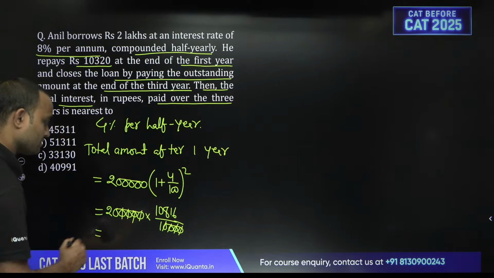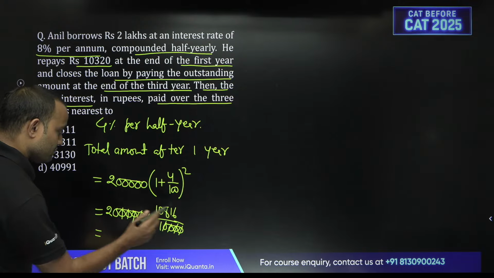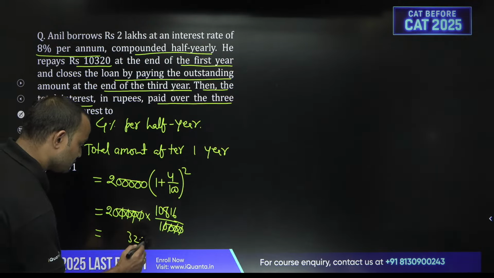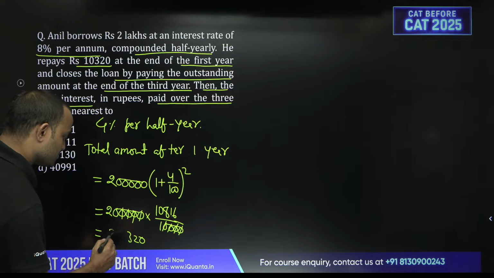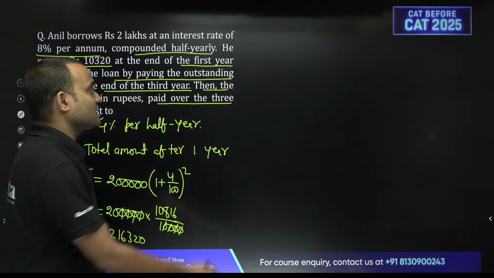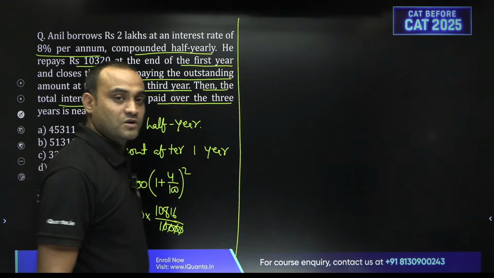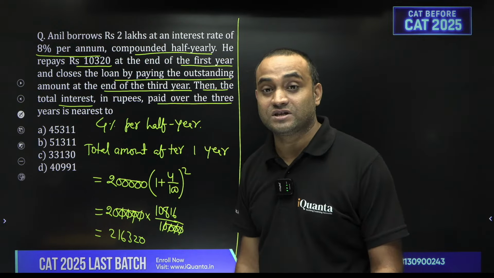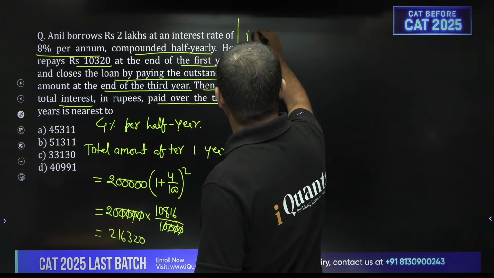What are we getting? Multiply this: 2 times 108 is 216. This is the amount after 1 year. The total loan amount is 2,16,320. What is the amount left?